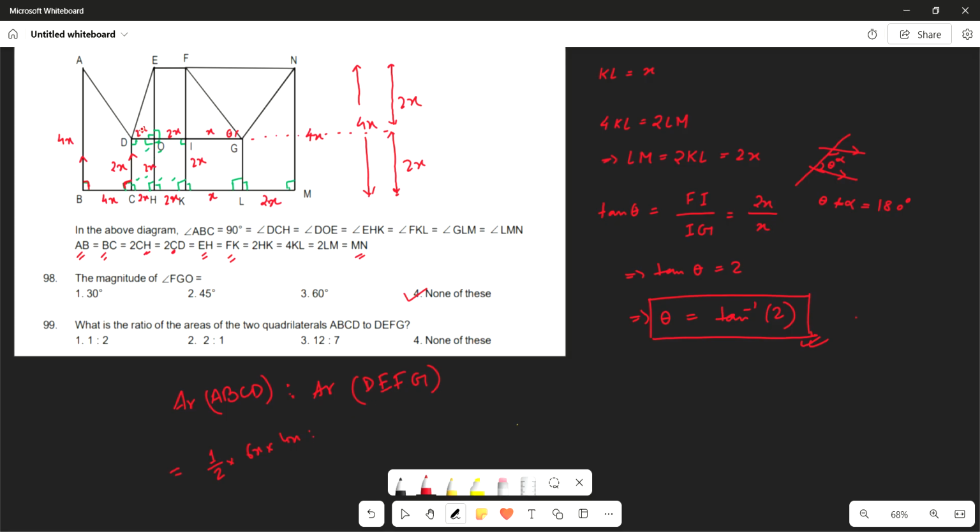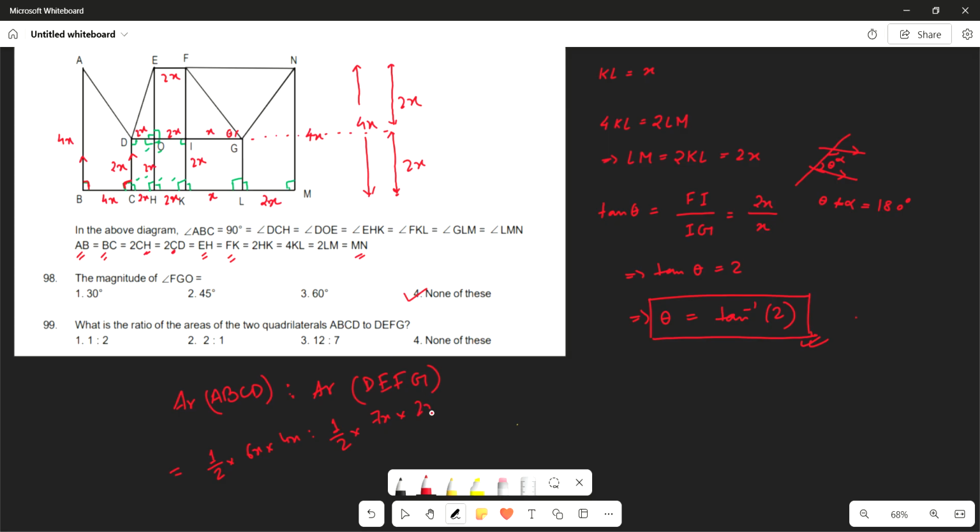DEFG, again, is a trapezium. So half into the sum of parallel sides, DG plus EF. EF will be 2x. So 2x plus 5x is 7x, into height.